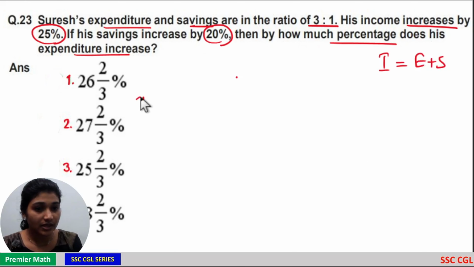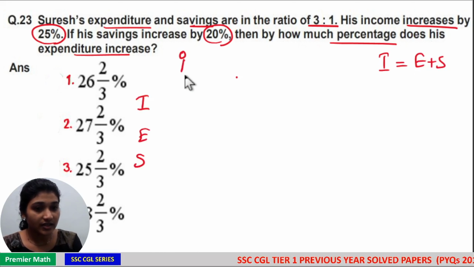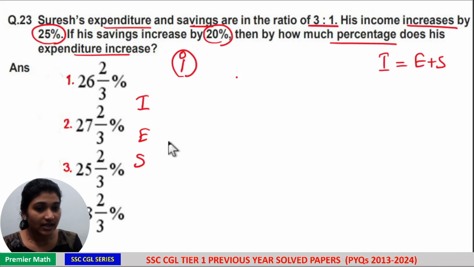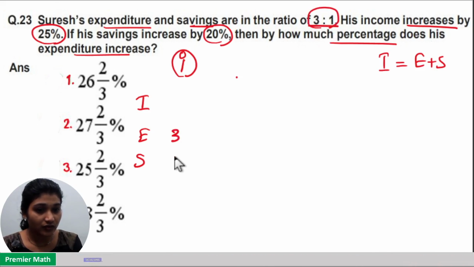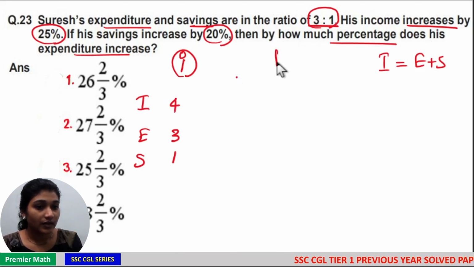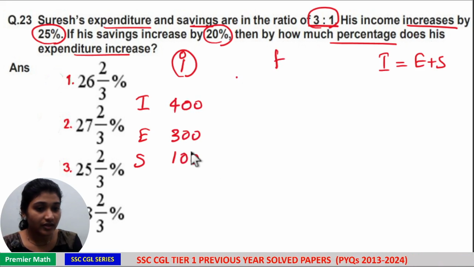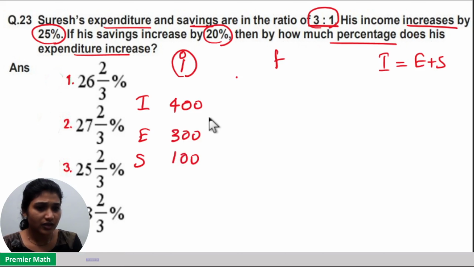So if I'm taking income, expenditure and savings ratio, initially his expenditure and savings were in the ratio 3 is to 1, which means income is 3 plus 1, total 4 parts. Then if I'm taking this as 400, 300, 100, it will be easier to calculate. All are in the ratio 3 is to 1 here. Now his income increases by 25%.